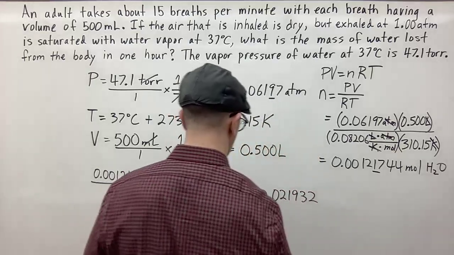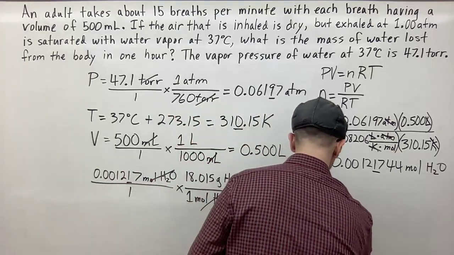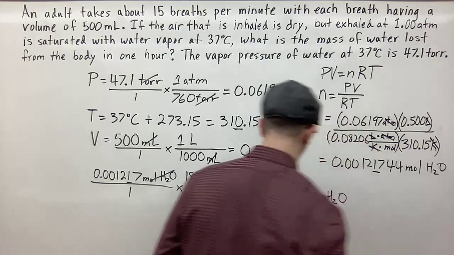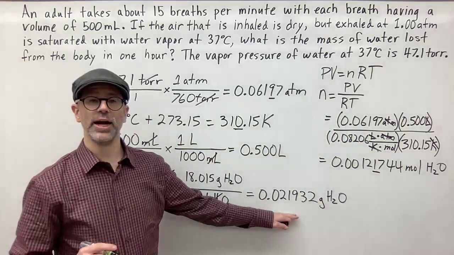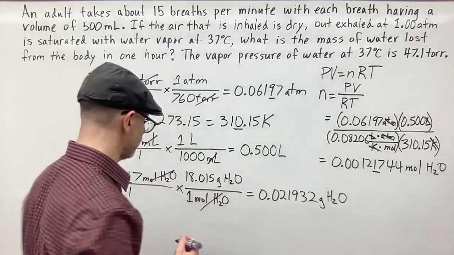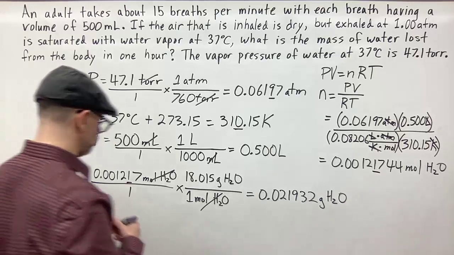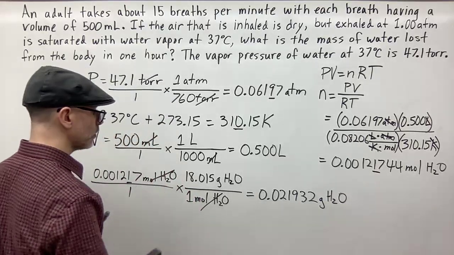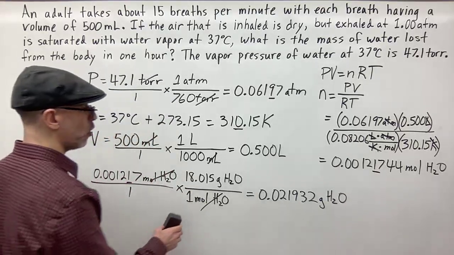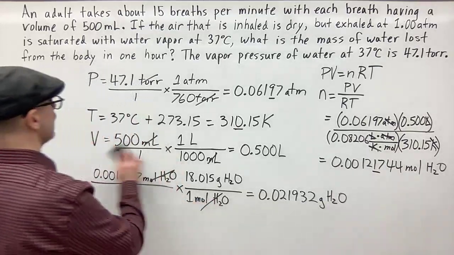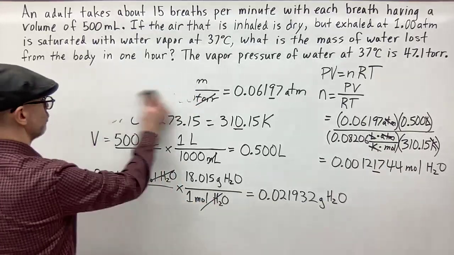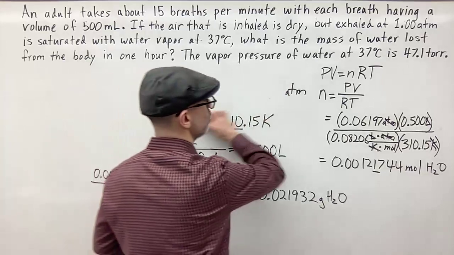And this is grams of water. So that's the number of grams of water in 1 breath. So now that I have the grams of water in 1 breath, I can get rid of this. I don't need this anymore.